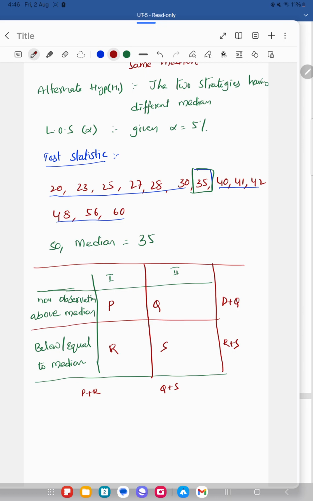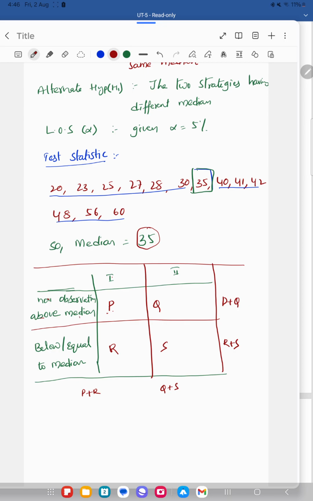Now this is the table we have to follow. Our median is equal to 35. This is sample 1 and this is sample 2. Here I have written the number of observations which are above median in sample 1. P is the number of observations which are above median in sample 1.